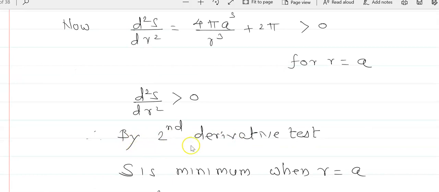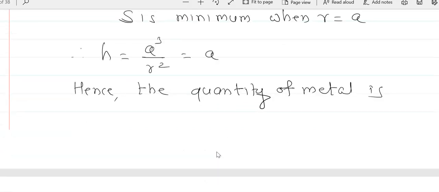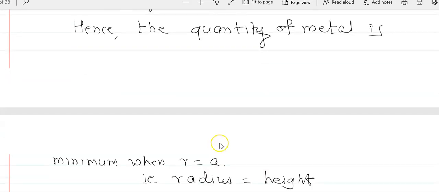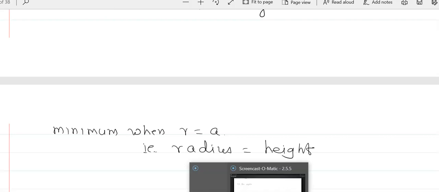By the second derivative test, S is the minimum when r is equal to a. Therefore, h is equal to a³/r², that is equal to a. Hence, the quantity of metal sheet is minimum when r is equal to a, that is, the radius is equal to the height. Now, again, we'll see here.